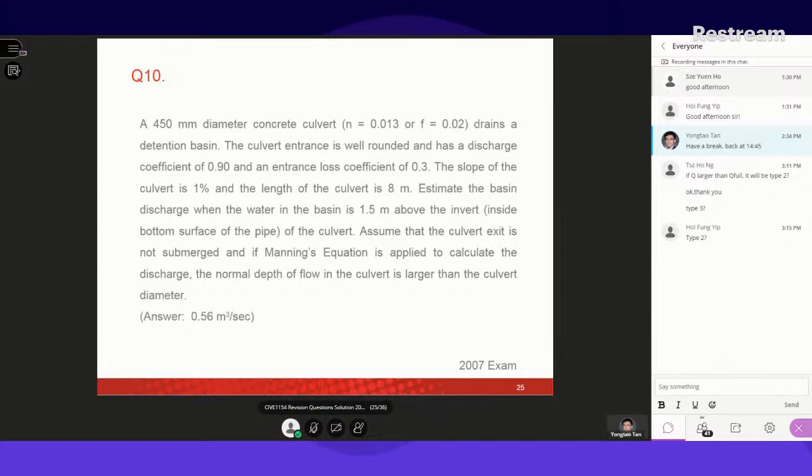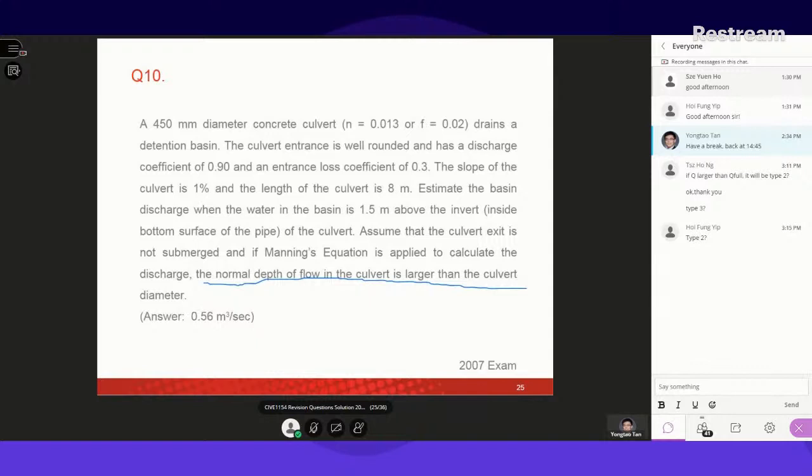Find the basin discharge when the water in the basin is 1.5 meter above the invert. The exit is not submerged. And we can see this important information: the normal depth of flow in the culvert is larger than the culvert diameter. So it is type 2. Oh, yes, it's type 2.